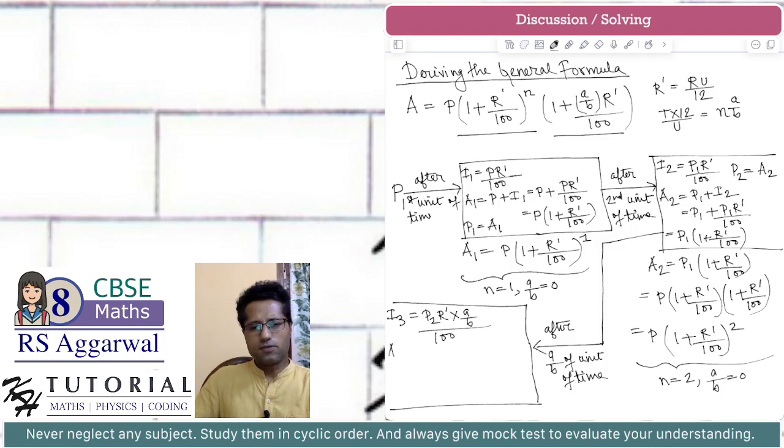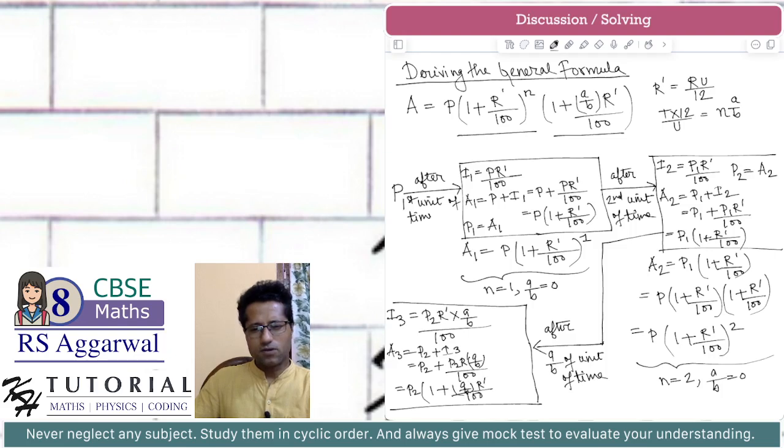So the amount A3 will be P2 plus I3, which is P2 plus P2 R dash A by B over 100. This is equal to, if you take P2 common, 1 plus A by B R dash.